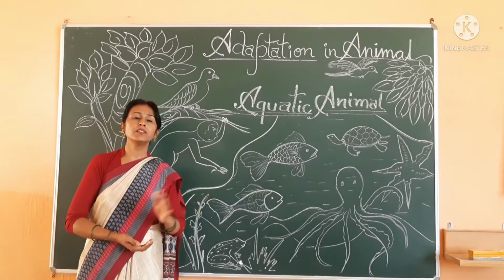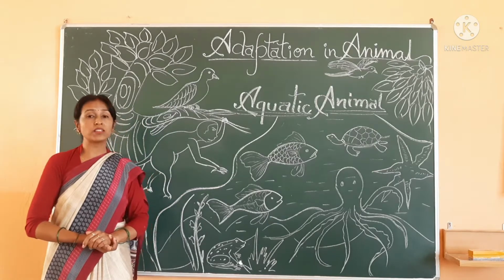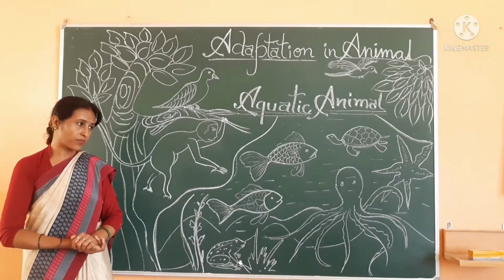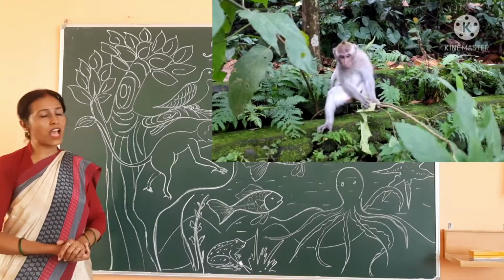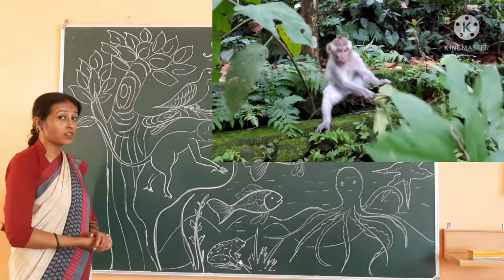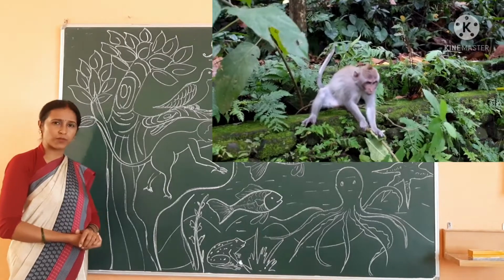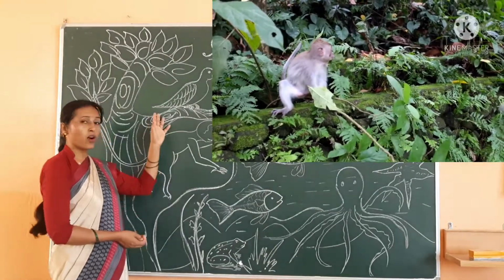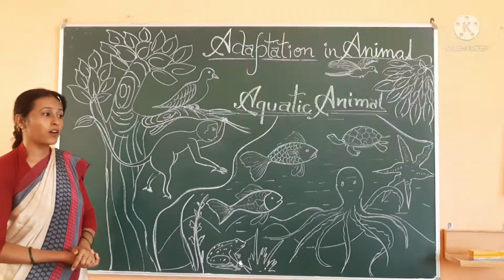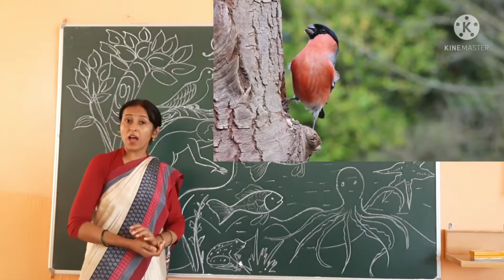After that, our next topic is animals that are found in air. What adaptations do they have? Animals that are found on trees are known as arboreal animals. What are examples of arboreal animals? Monkeys, birds, snakes, chameleons, spiders.